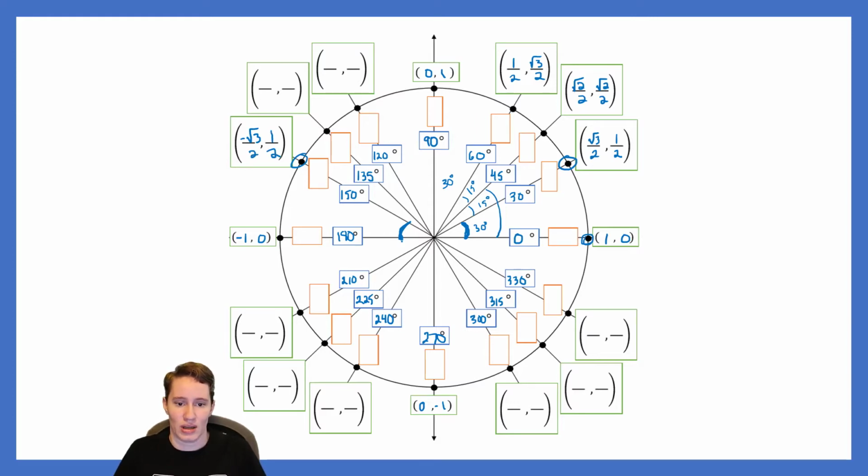Down here, where we have our reference angle of 30, we're going to have the same square root of 3 over 2, comma 1/2, but now they're both negative because we had to go down and left. And then our last 30-degree reference angle over here would be positive square root of 3 over 2, negative 1/2, because we went right and down.